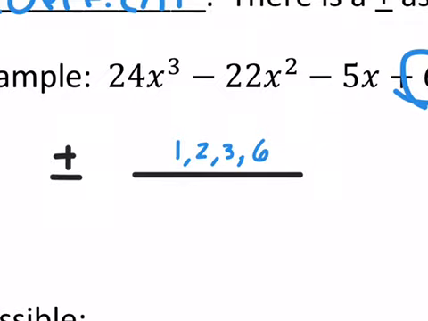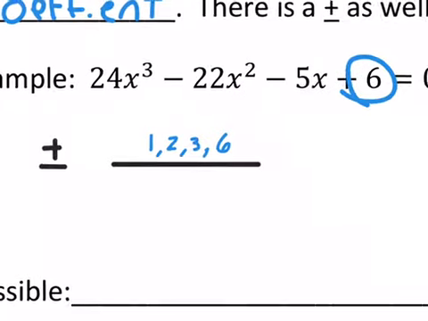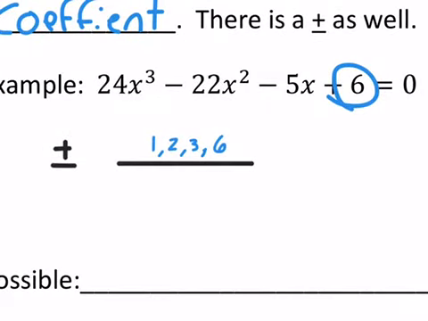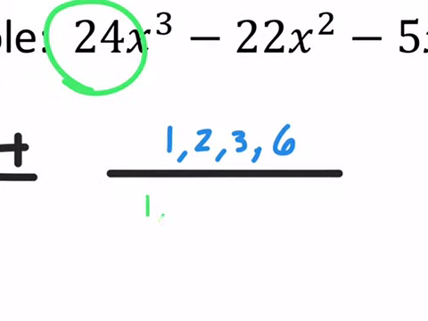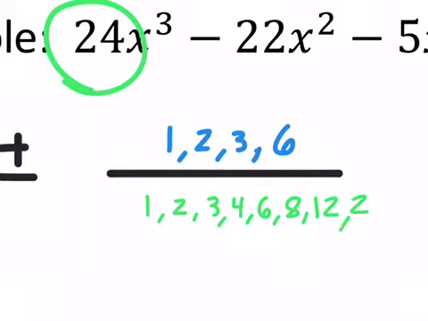You basically write out, starting at 1, going up the list, would that number divide 6 evenly? And then we'll want to do it for our 24. So 1 goes into 24, 2 does, 3 and 8 does, 4 and 6 does, 7 doesn't, 8 doesn't, 9 doesn't, 10 doesn't, and then so we got 12 and 24.